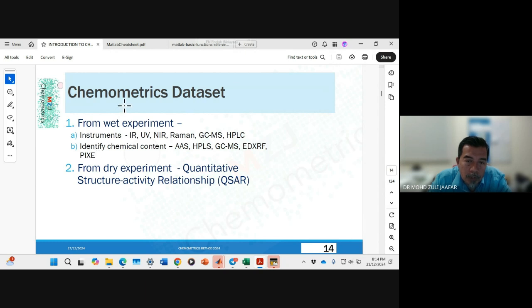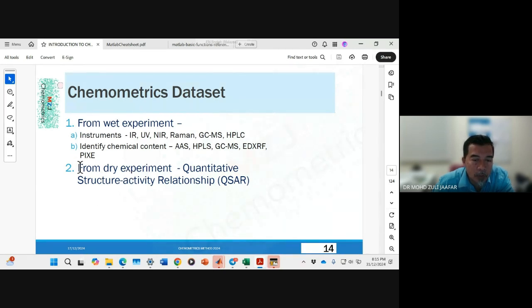And sometimes we have datasets from dry experiment. If you are involved in drug design, we have the term quantitative structure activity relationship. This dataset comes from a certain number of software appropriate for drug design, where they will identify for each chemical compound or molecule what its bending energy, stretching energy, HOMO, LUMO, molecular weight, and many more are.